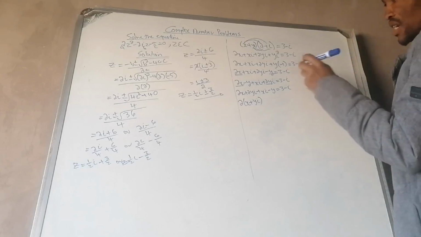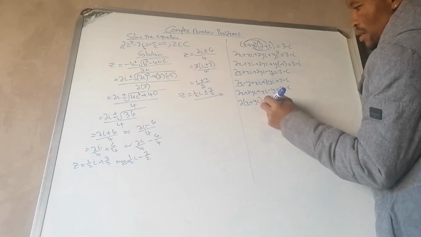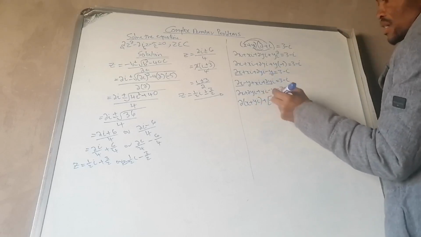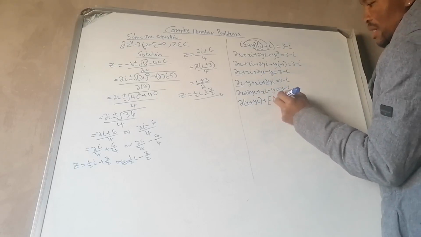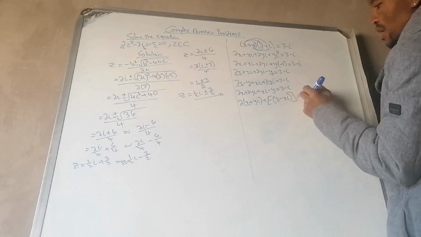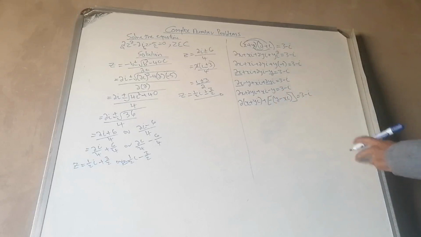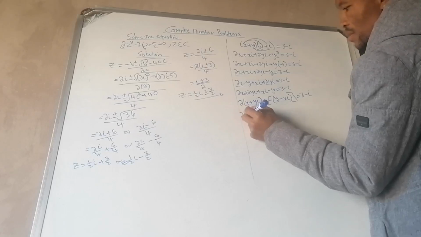And if I factor out a negative there, I will have y minus xi equals 3 minus i. Negative times positive is a negative.